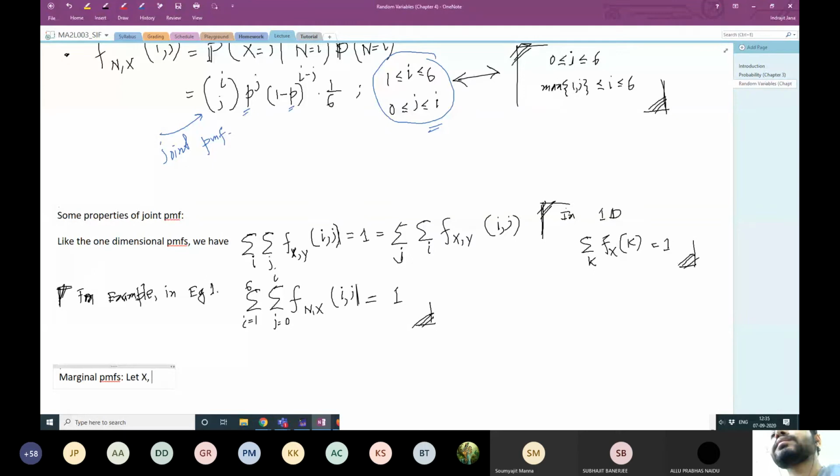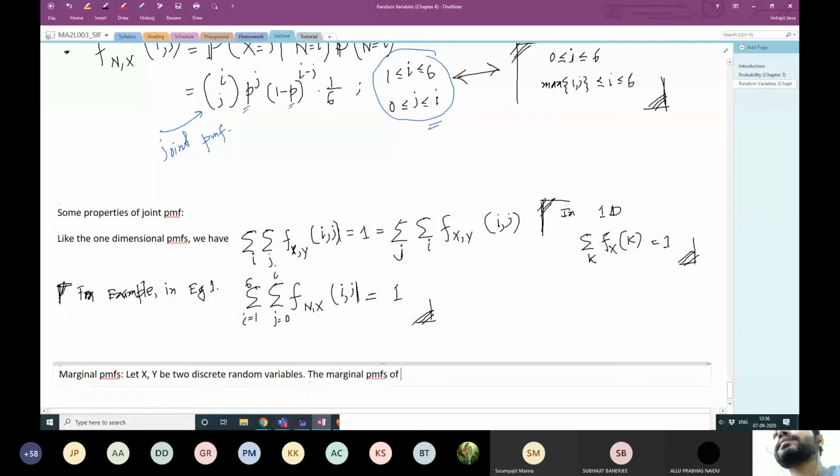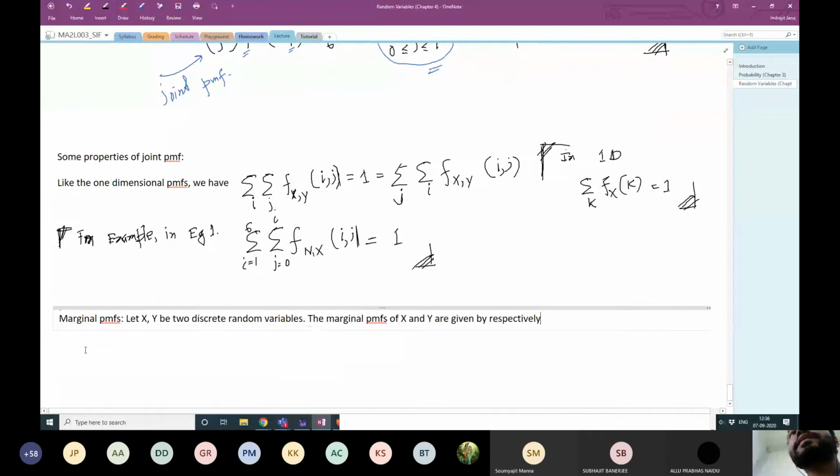The marginal probability mass functions of X and Y are given respectively by: the marginal probability mass function of X is f_X(i), that is the summation of the joint probability mass function f_XY(i, j), and the sum is taken over j.